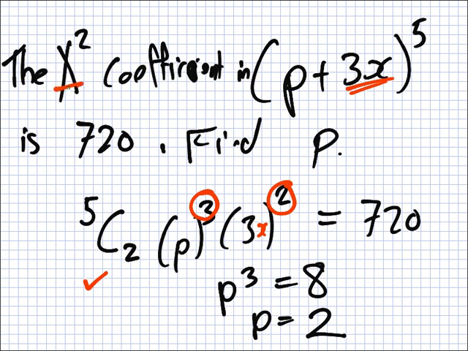And I only want x squared. If I put a different number here, will I have x squared? No. I need x squared. So I must put 2 here. If I put 2 here, this forces this one to be 3. Why must this be 3?